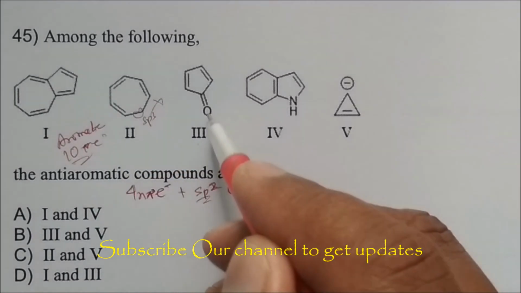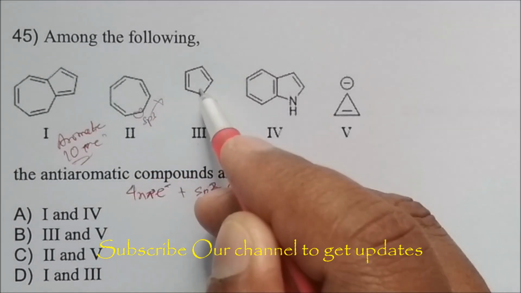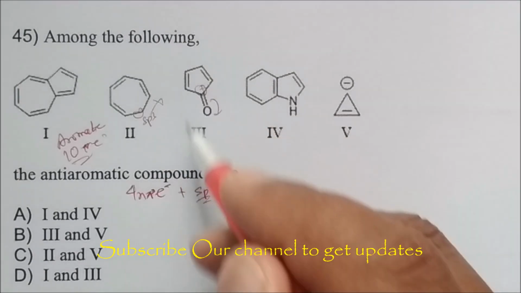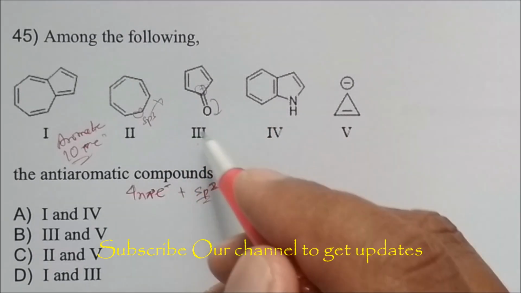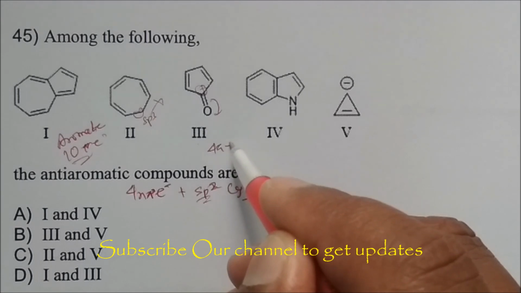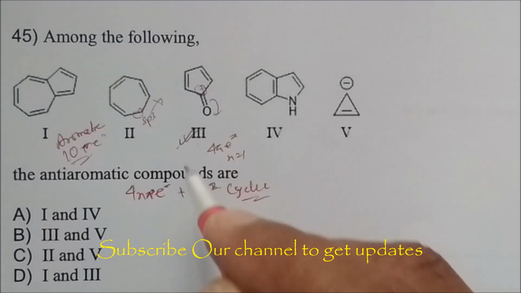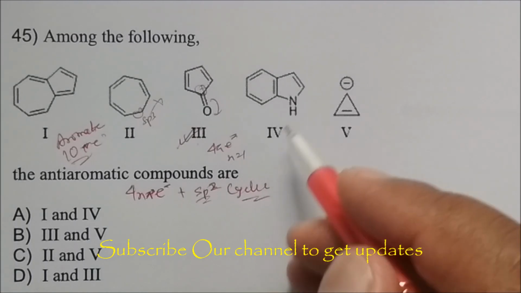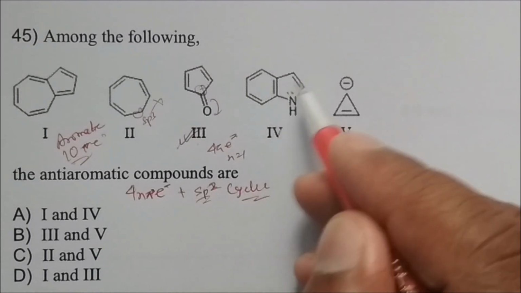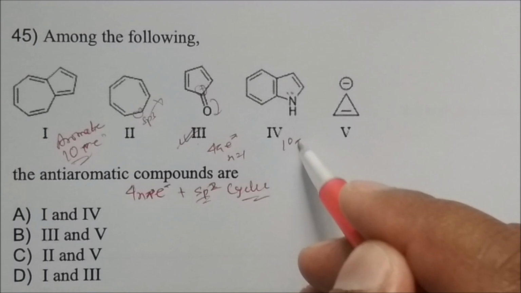Now in case of 3, so this oxygen lone pair will go this side. This will attain a positive charge. So this is a compound having 4 pi electrons. So 4 pi electrons means n equal to 1. So this is your anti-aromatic. 3 is anti-aromatic. Now in case of 4, it has one lone pair this side. So 3 plus 2, it has 10 pi electrons.